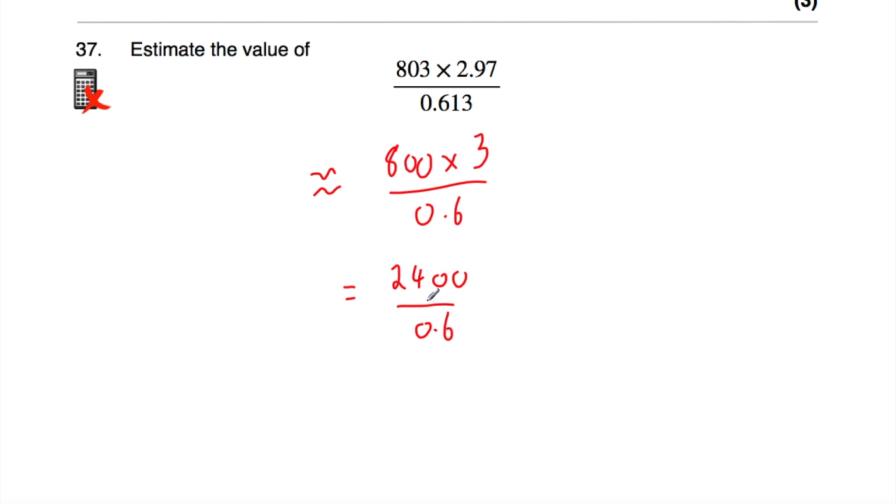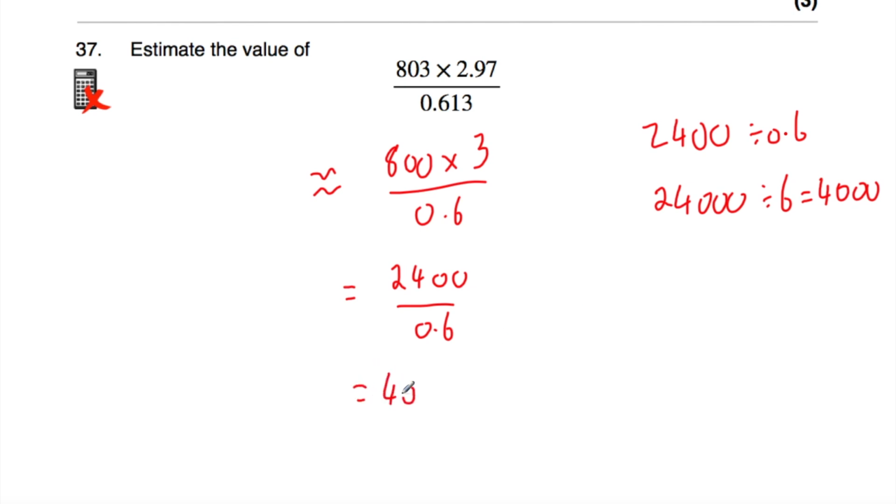I don't like dividing by 0.6 because it's a decimal number, so let's multiply both these numbers by 10. So we get 24,000 divided by 6. And 24 divided by 6 is 4, and then we've got our 3 zeros. So the answer would be 4,000. So my estimate for this question is 4,000, and that's it.